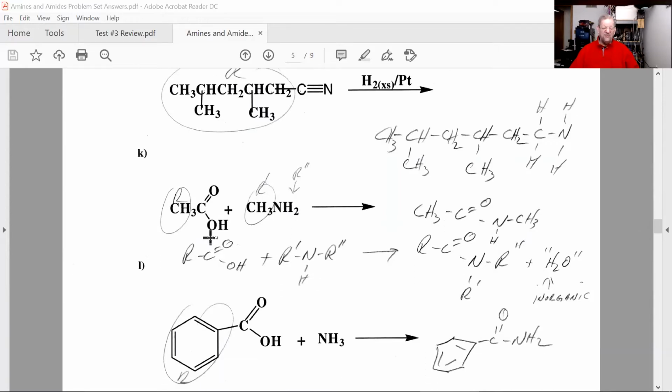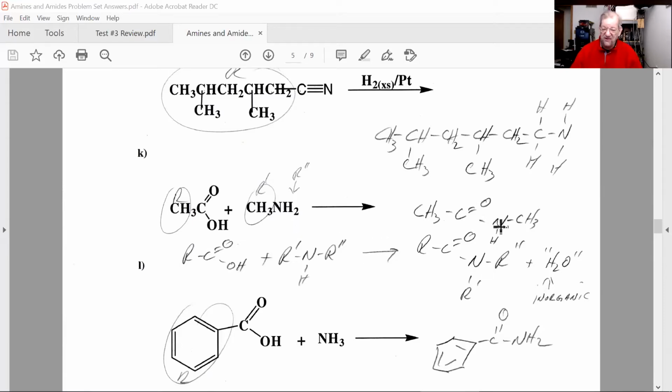Now, if I take this and this in K, what is this? What's different? Carboxylic acid. What do we have here? An amine. Remember, for making an amide, R prime and R double prime, either or none or one, can be hydrogens. In this case, here's my R prime, and one of these hydrogens is R double prime. I'll form an amide.